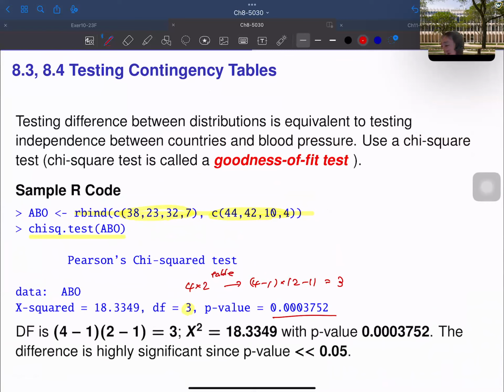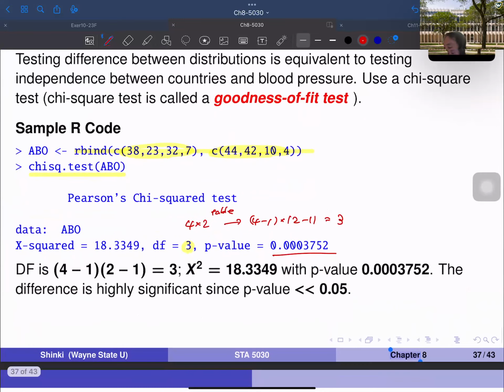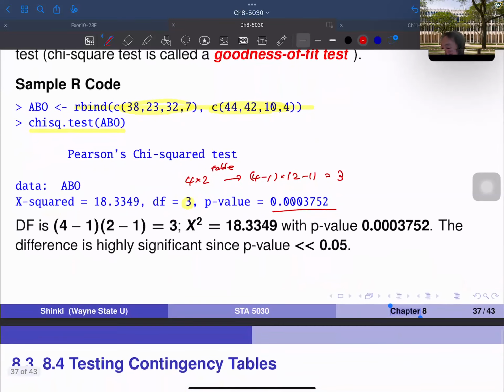We can either say country and blood type are independent, or we can say the 2 countries have different blood type distributions. In the latter case, we call it a goodness of fit test. But anyway, these are mathematically exactly the same chi-square test.